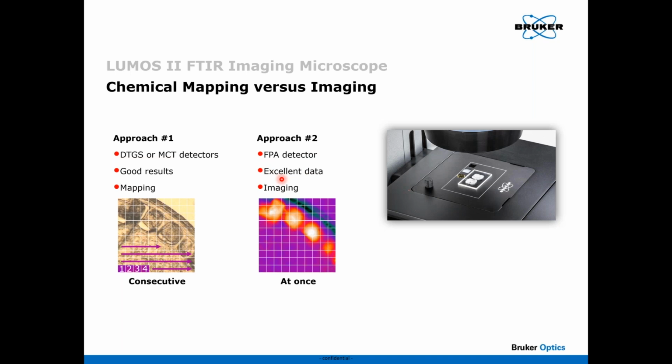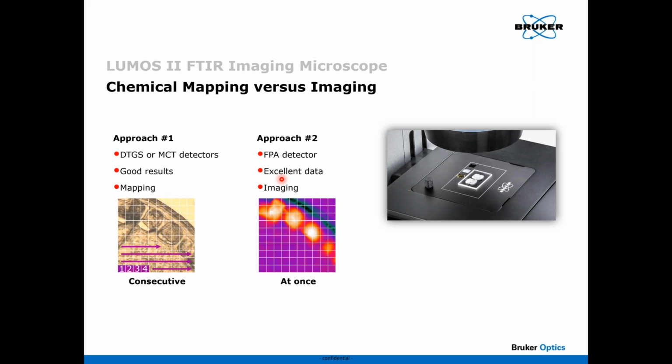So why is it so much better? Well, the reason is that you're collecting all the data at once. That means that in this case, I'm going to take a snapshot like I would with my camera, an iPhone camera or something like that, rather than rastering 1 pixel at a time. And if you want 10 micron spatial resolution when you map, you actually have to close the aperture down to 10 by 10, and you're throwing away almost all of the light.